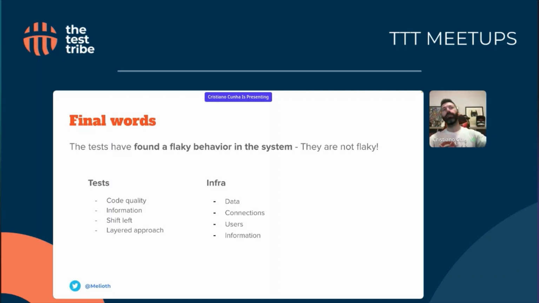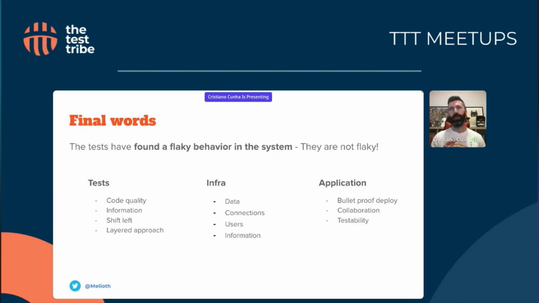So we have tests, code quality, information, shift left, layers approach. So look at your tests, make sure that they are not a problem. Look at your infrastructure, how data is put there, how are the connections, how are the users, what information can we extract and save from it. Look at your application.